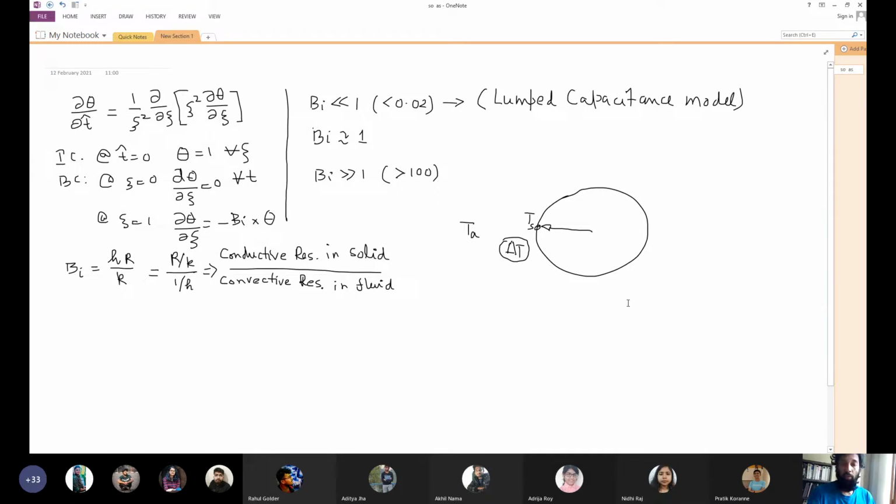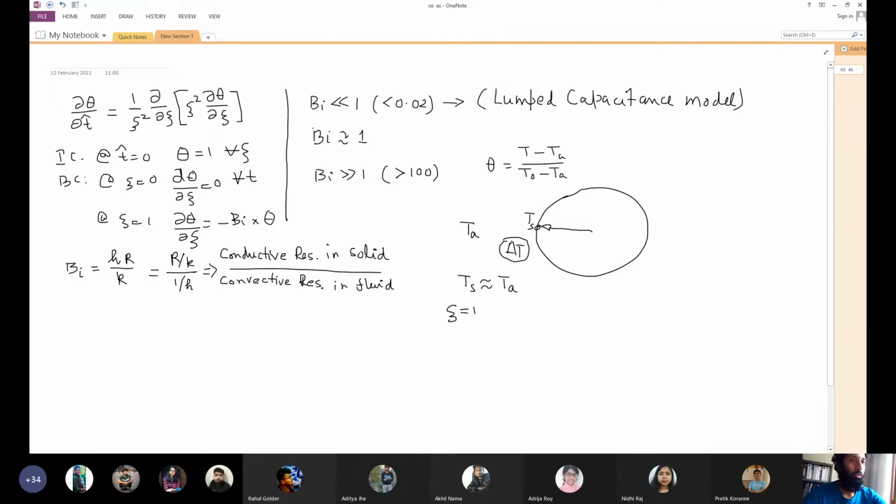So in this case, what will happen? We can assume that T is approximately TA. So this boundary condition will change. At zeta equals 1, if you see the definition of theta, theta is T minus TA divided by T0 minus TA.